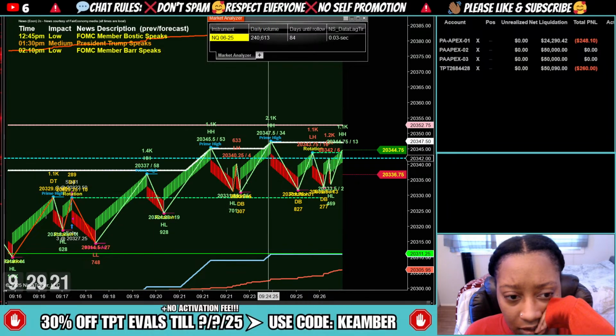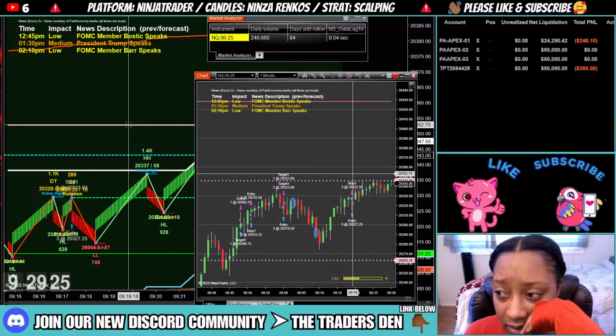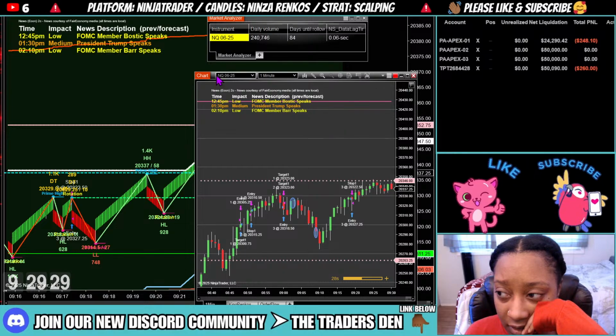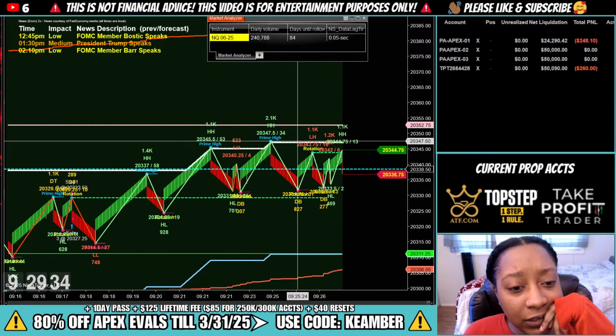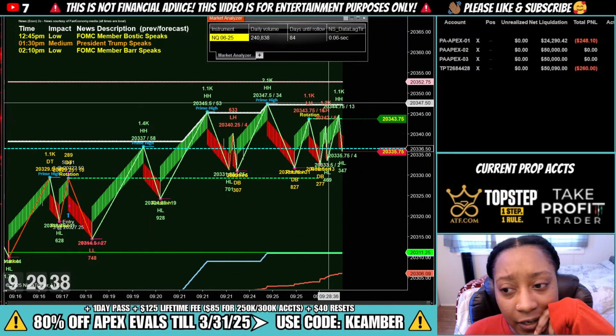We're just stuck here. It's crazy because on my 1 minute chart, this pivot level is down here, which is where we're kind of stuck, but I'm not sure why it's showing the level there and not on this chart. They're about 6 points apart.